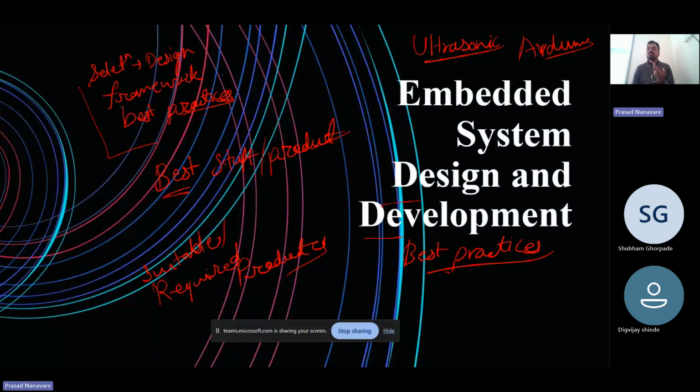So I asked them a simple question: why would you go for Arduino, when even cheaper processors than Arduino are available in the market? Why would you go for Arduino? The answer was, oh, we only know Arduino, that's why we selected it. So it should not be done. Or they said, okay, the code is easy in Arduino, but that should not be the answer. If you selected it, you should be able to defend your selection properly.